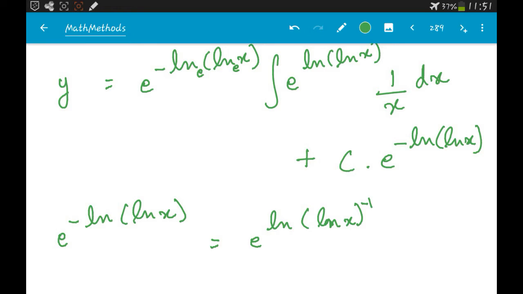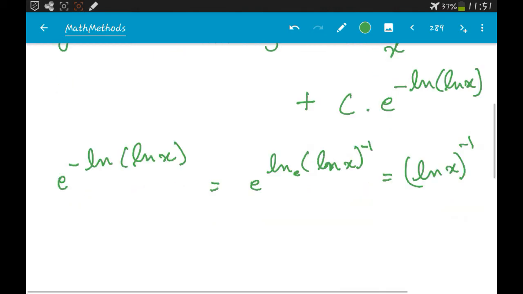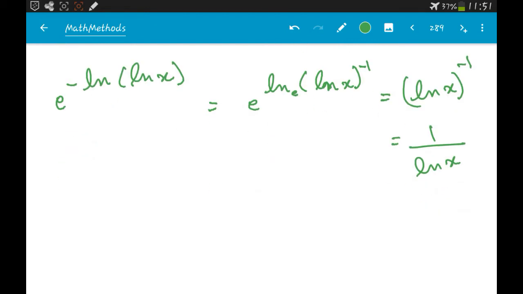So these two cancel and you will get ln x power minus 1. So this is going to be 1 by ln x. And then e power ln of ln x is now going to be just ln x.